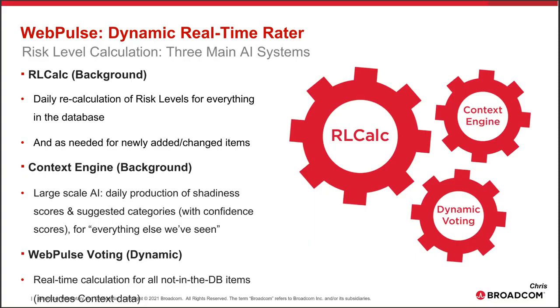It basically recalculates all the risk levels for everything in the database and as needed for every newly added or changed item. We have a context engine that takes in all those various data points in the background that I've spoken about and gives it a score. And then we have a voting system, which is a real-time calculation for everything that's not in the database.